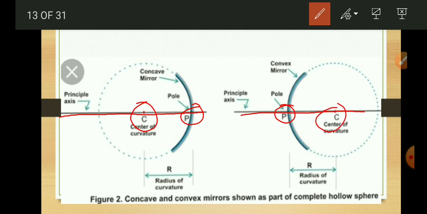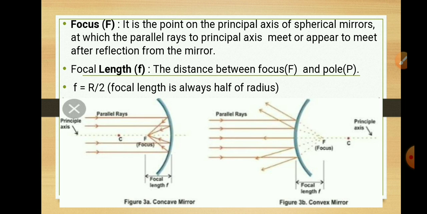So remember, the principal axis is an imaginary straight line passing through the pole and center of curvature, and the principal axis is normal to the spherical mirror at its pole. It is just like a normal drawn on the surface of the spherical mirror at its center.